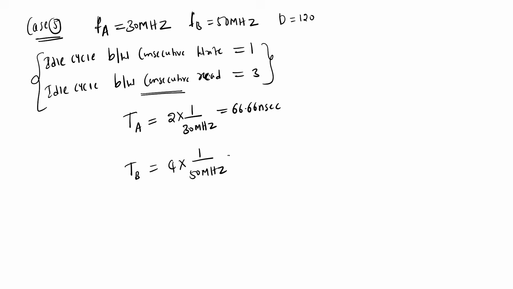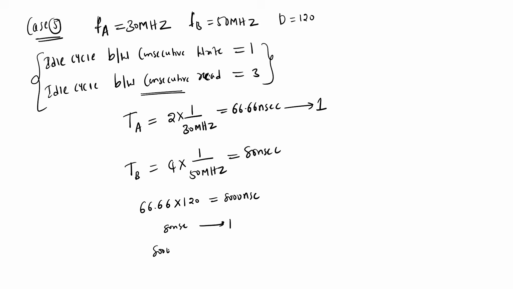So this is equal to 80 nanoseconds you will get. 66.66 is for one data item. For 120 data items, into 120. So this is how much? 8000 nanoseconds.